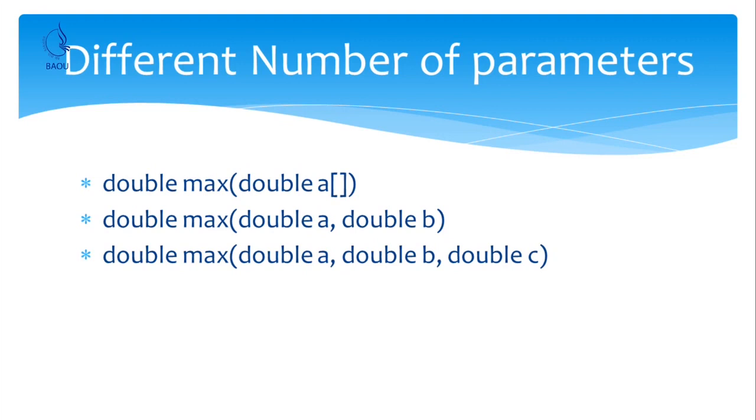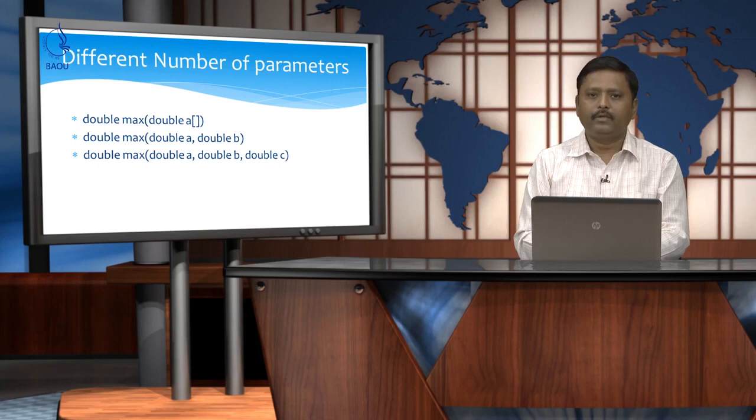Now, suppose we want to find the maximum of two numbers, we can write a second case where there are two parameters of type double and it returns the maximum of these two values. And a third case where there are three double variables and we want to find the maximum of three. So, we can use the third case.